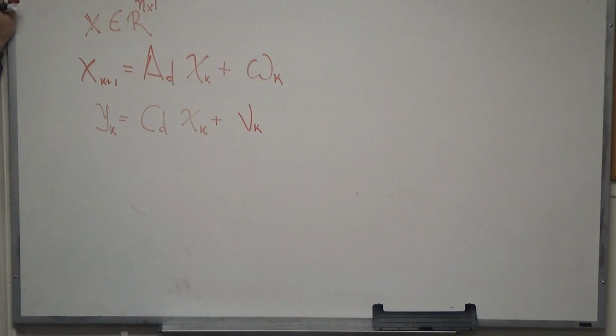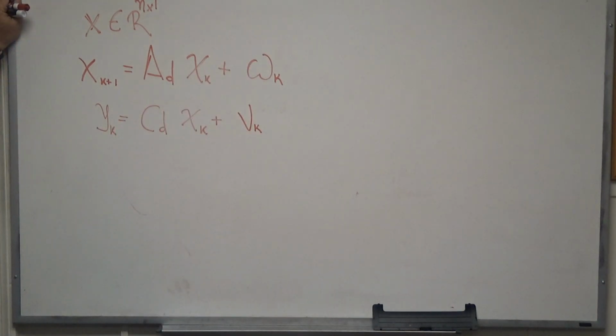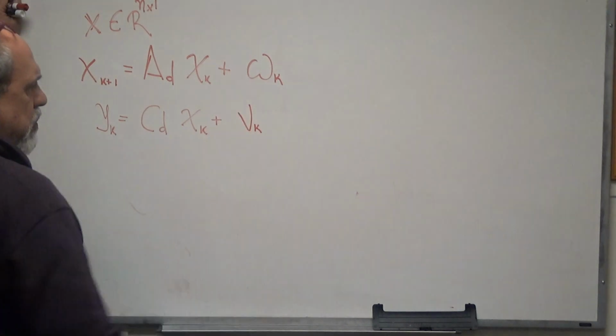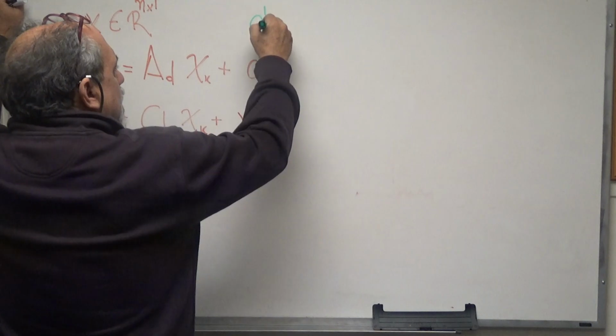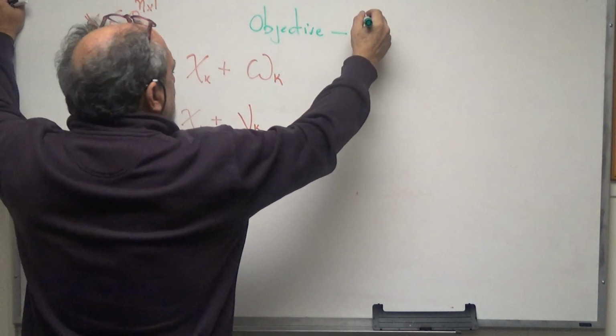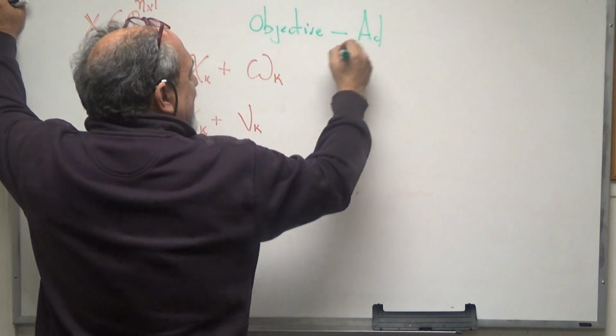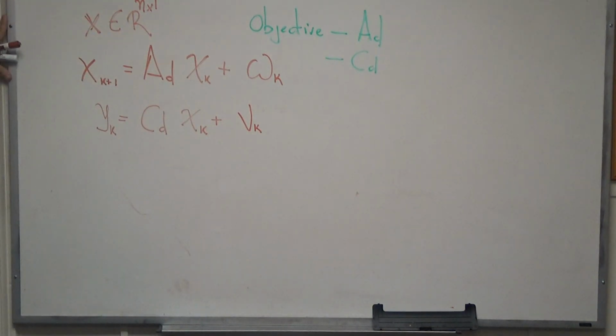That makes no sense to ask. We have no idea. And we cannot ask what is D. We have no idea either. So the objective in the stochastic ID is to get AD and CD, right? No B and no D.